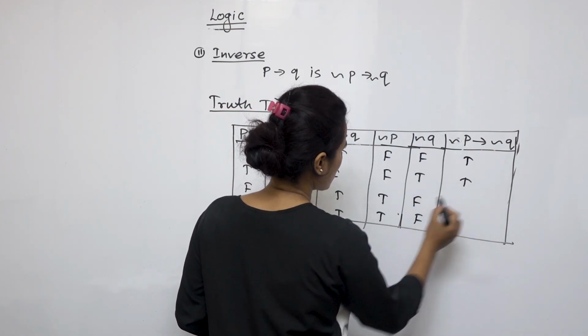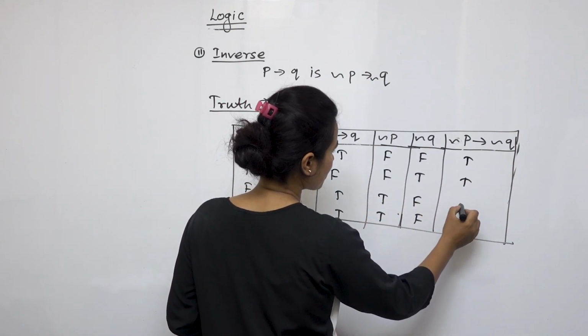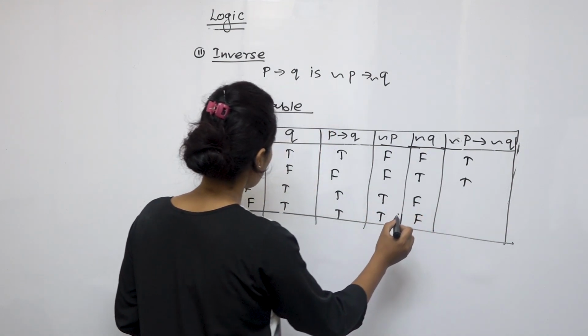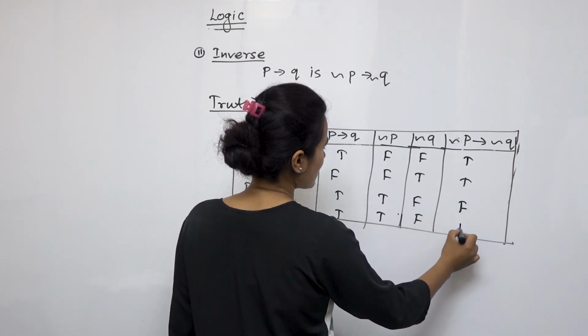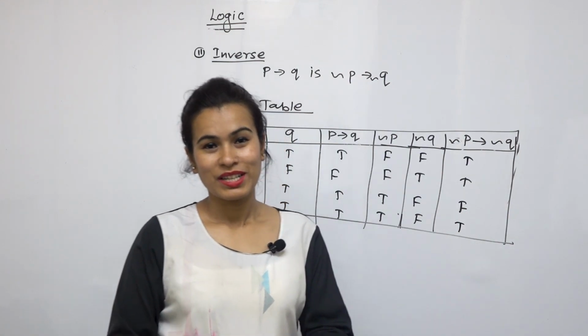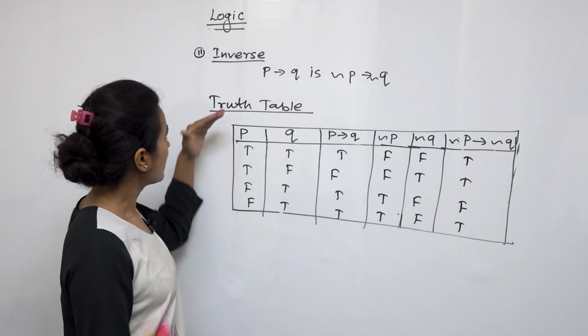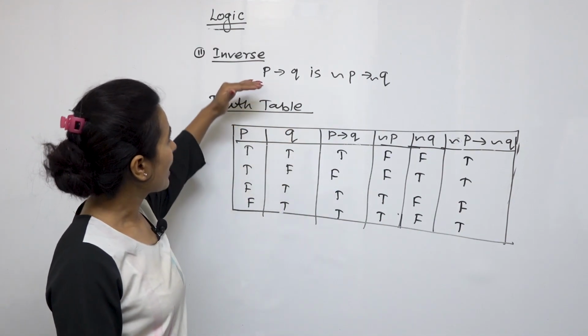It is true, it is true. Here the hypothesis is true, but the conclusion is false. When the hypothesis is true and the conclusion is false, we have to write false, otherwise all true. So the result is T, T, F, T. This is how we have to draw the truth table of the inverse.